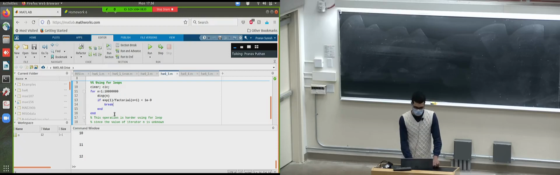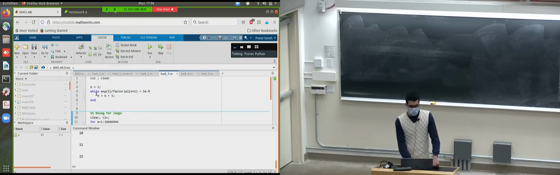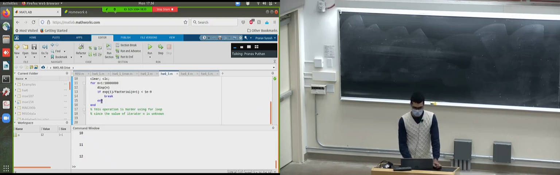In such cases, ideally it's better to use the while loop because you can just check the condition. And as you've seen in the first problem, while loops and for loops take the same time in terms of computation, so you're not really saving much by switching to a for loop and an if statement.